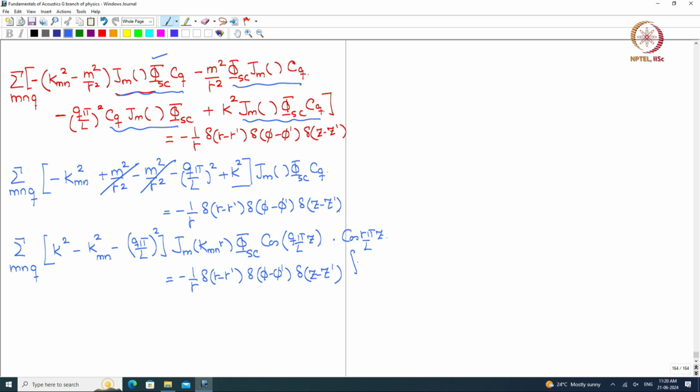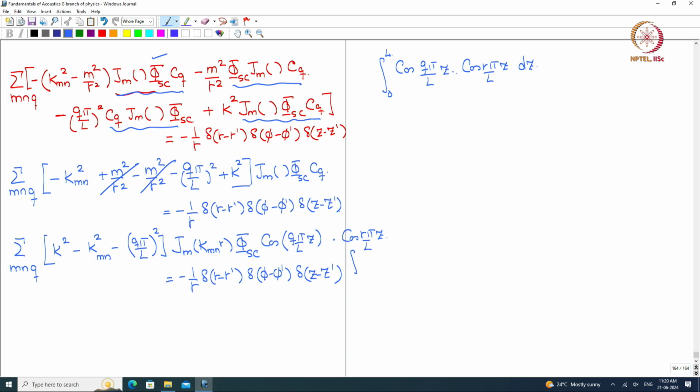So we multiply that by cos q pi by Lz and cos r pi by Lz and integrate over 0 to L, dz.